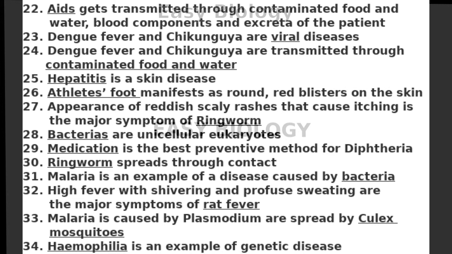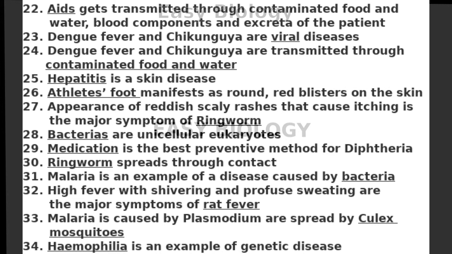Question number 27. Appearance of reddish scaly rashes that cause itching is the major symptom of ringworm. Here the underlined portion is ringworm. This is a wrong statement. The correct statement is: appearance of reddish scaly rashes that cause itching is the major symptom of athlete's foot.